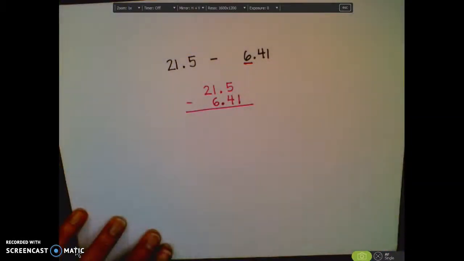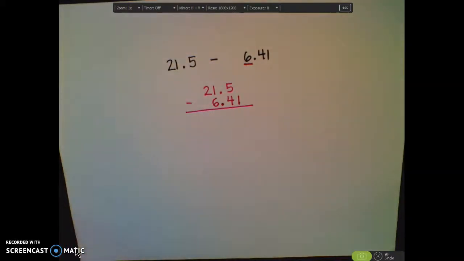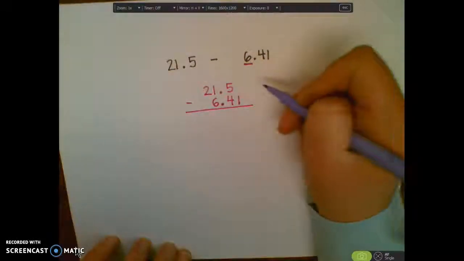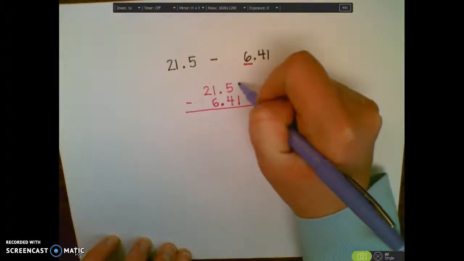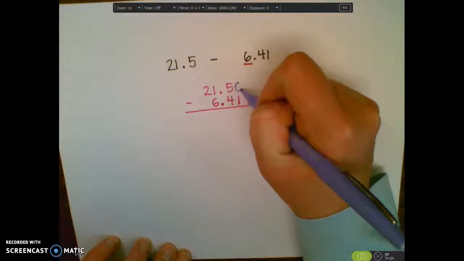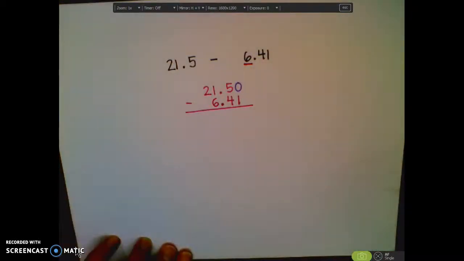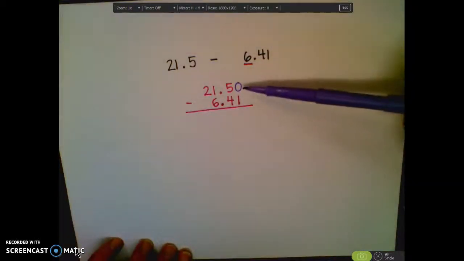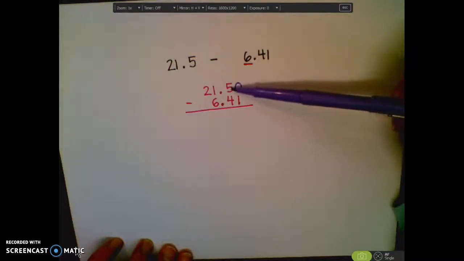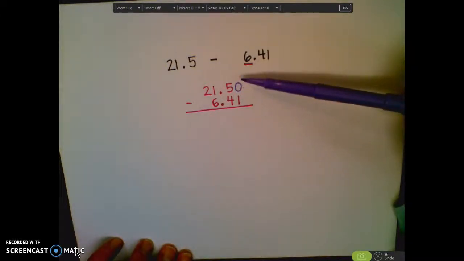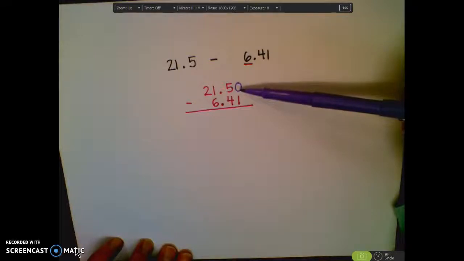Now when I subtract here, this is where it gets tricky, and this is where sometimes as 5th grade students we forget to do this important part. Just like I was talking about earlier, when I put a 0 here in this spot, it doesn't change the value of 21 and 5 tenths, but now I have a digit here that I can work with in order to subtract.